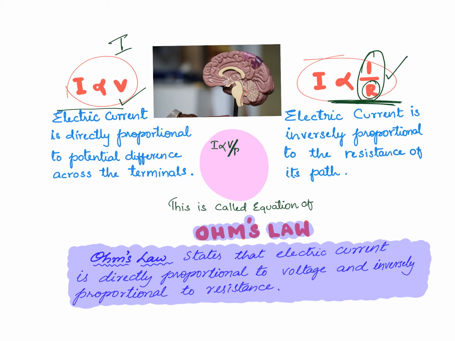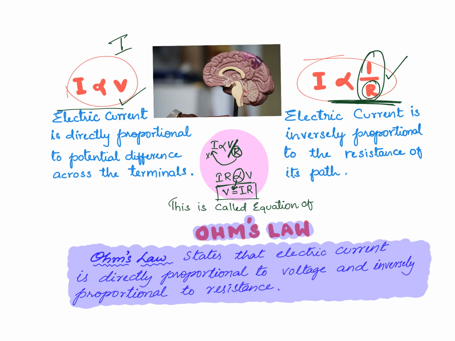So if I send this R to the other side, it is dividing over here, there it will multiply, isn't it? So I R is proportional to V. This can also be written as V equals I R. This proportionality symbol has been changed into equal to. How it is being changed is a different topic which can be learnt later on.